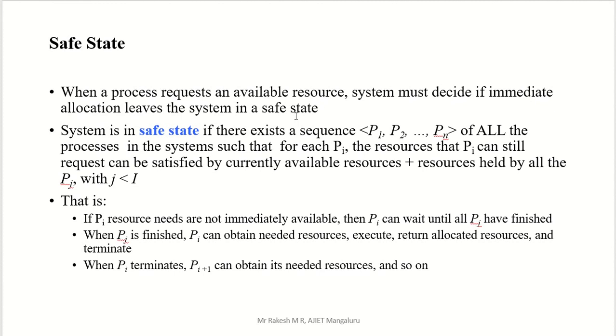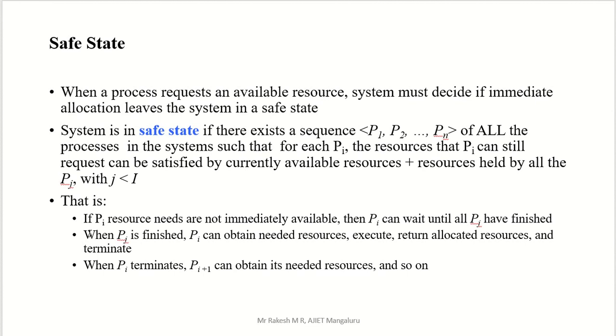If you are going to allocate some resource, you have to check if it is a safe state, then we can give that resource to that particular process. After giving, if there is any deadlock, then initially you know that by using the safe state algorithm, which we are going to see in the next slide.